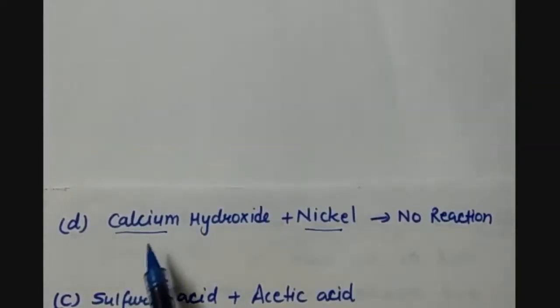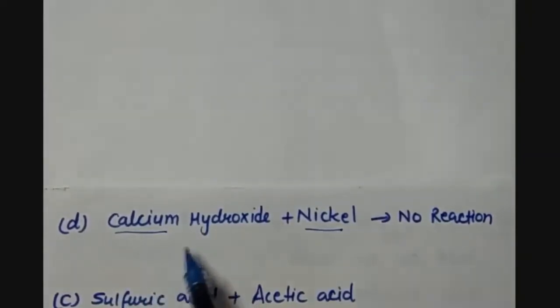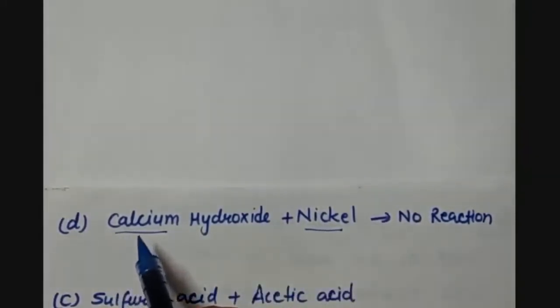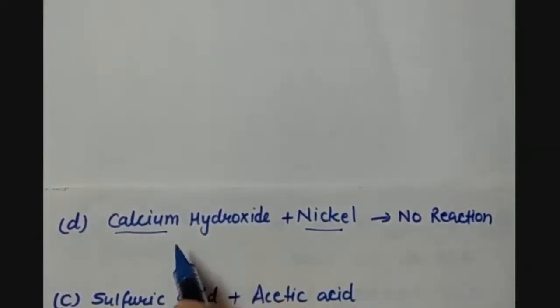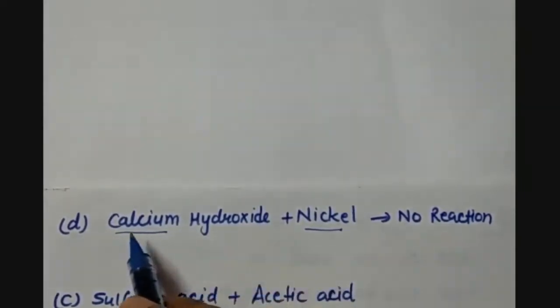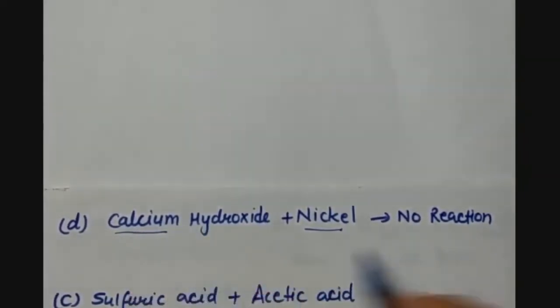Here we have calcium hydroxide, which is a compound, but nickel as compared to calcium is less electropositive, or you can say it has a lower standard electrode potential than calcium. That is why it cannot displace calcium from the compound, and hence no reaction takes place.